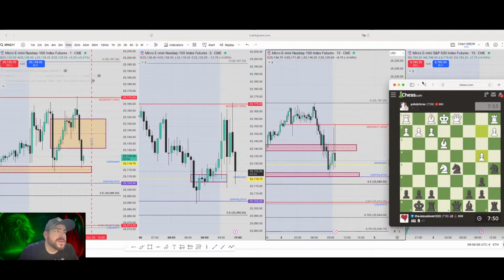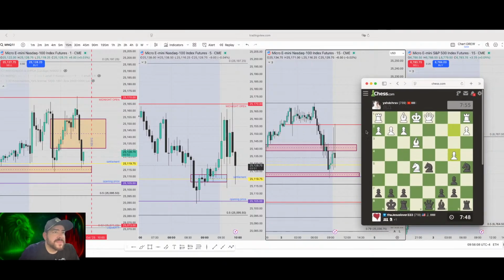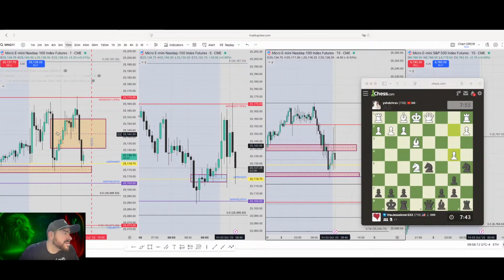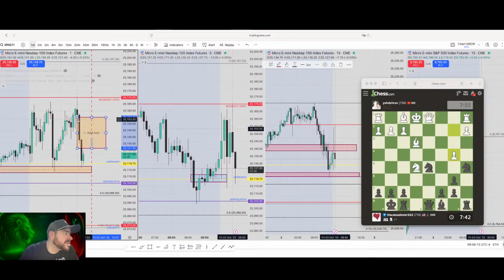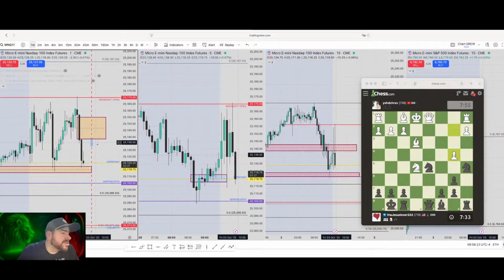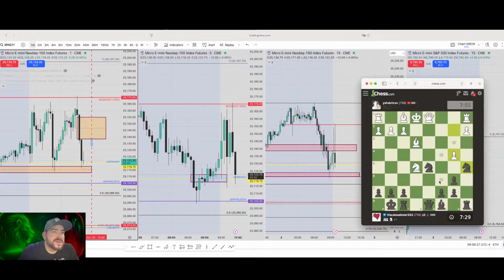We did take the high out on ES though, so we do got a big old SMT at the top there. Mark this fair value gap there. That doesn't look crazy bad. But news is coming up, so we'll just chill out, wait, be patient. That's all. Be patient.